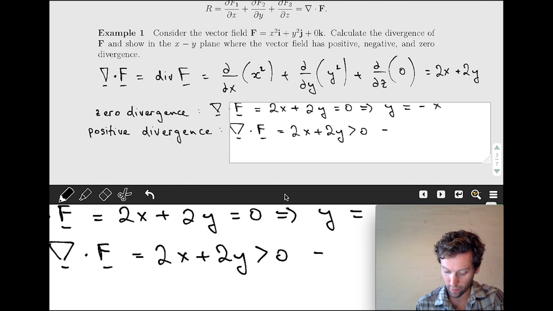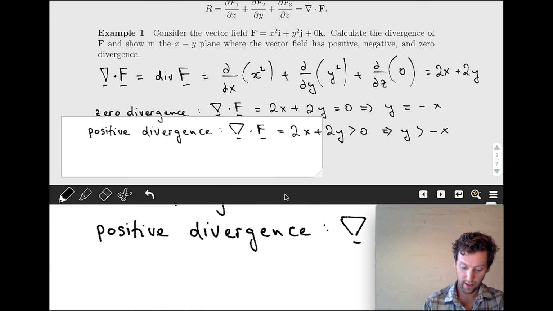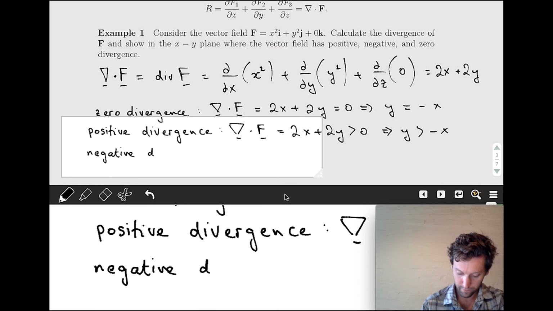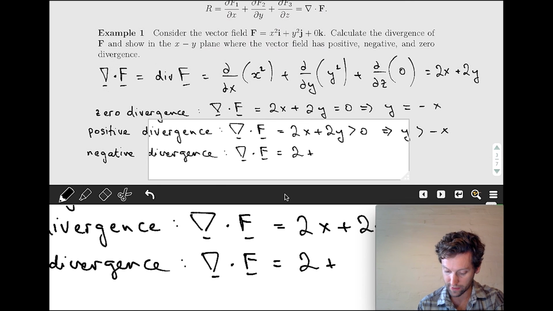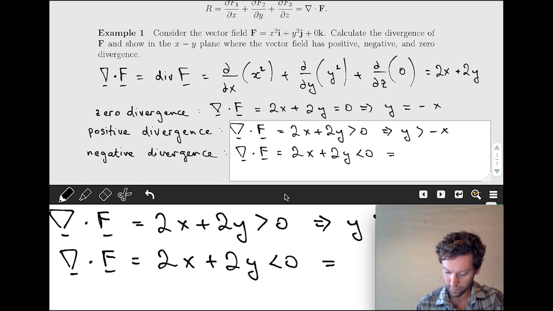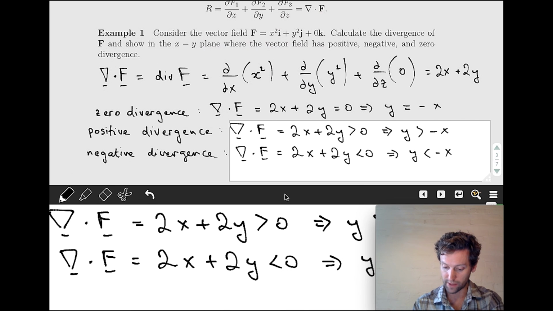So that's going to give us an inequality for x and y. It's going to give us y greater than minus x. Likewise, we can ask, where do we get negative divergence? Where do we get del dot f equals 2x plus 2y less than 0? So that gives y less than minus x. So these are inequalities. They correspond to the regions above and below the line y is equal to minus x.